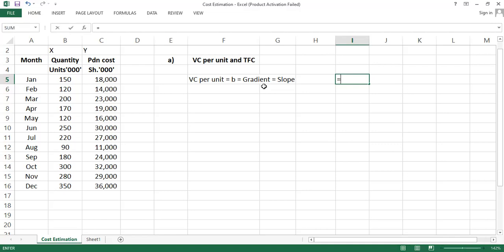And for a function, I have always said that you start with an equal sign in a cell. So in a cell, start with an equal sign, and then you type what you want to compute. What we want to compute is the slope. So equal sign, then you type slope.